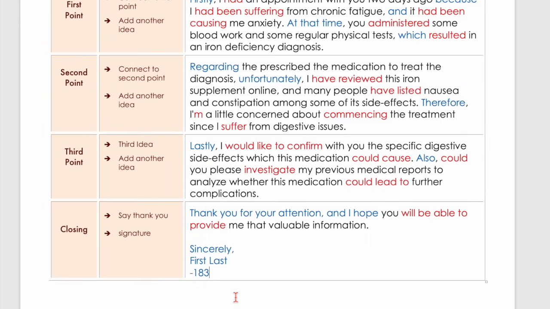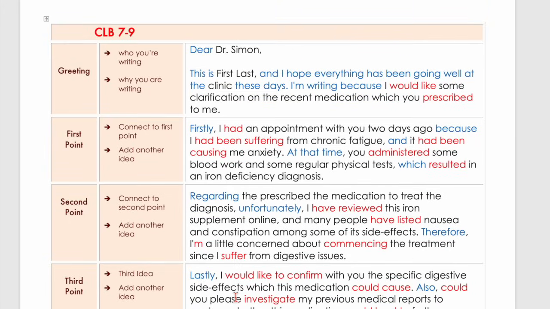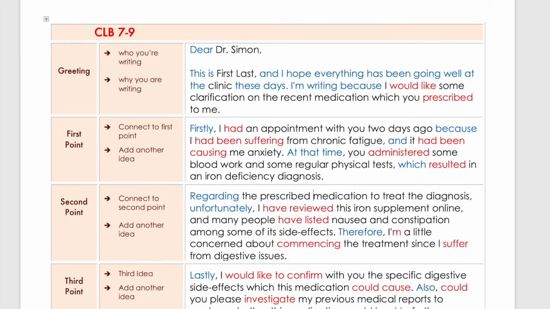Of course, if you can write more, if you could write 200, you could get a higher score. But when we want to talk about 7 to 9, the most important thing is that we're not making simple errors. Okay, this is very important that we're not making any simple errors. I saw one here, the prescribed medication, right?